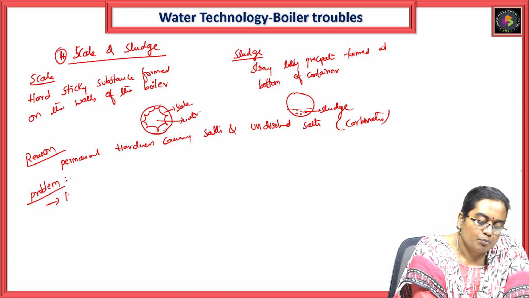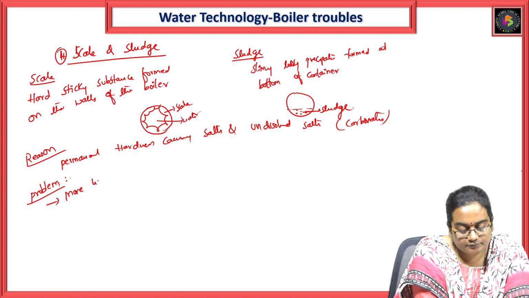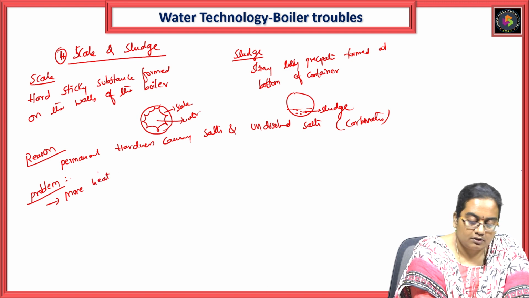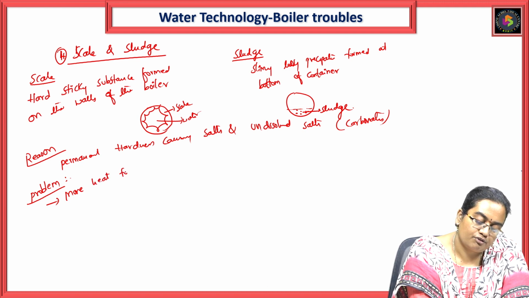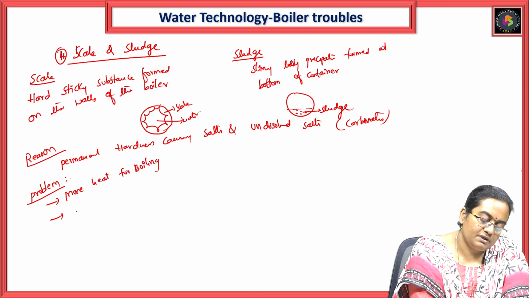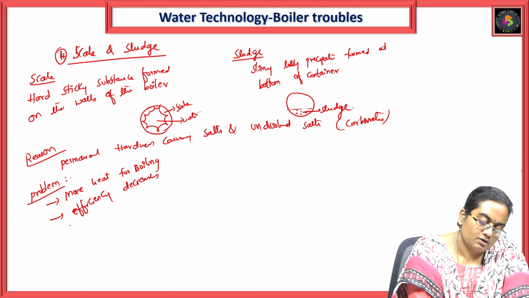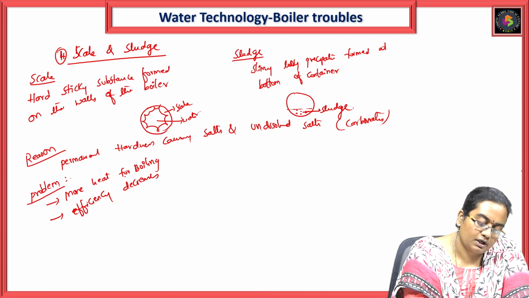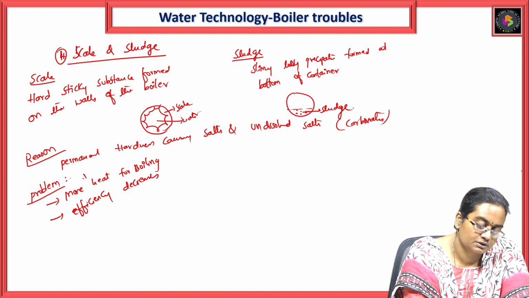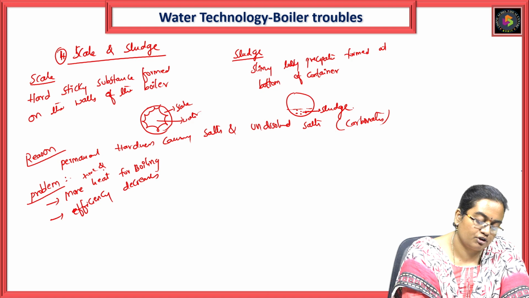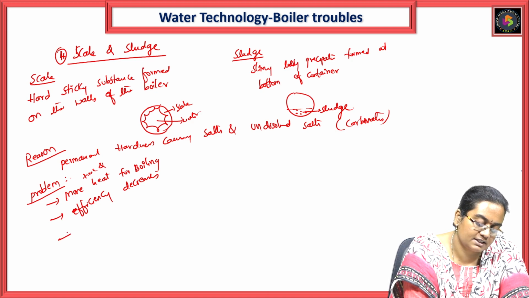It will take more heat for boiling the water. So that means efficiency decreases. More heat for boiling, and more time also. More time and heat for boiling, so that means efficiency is decreasing.